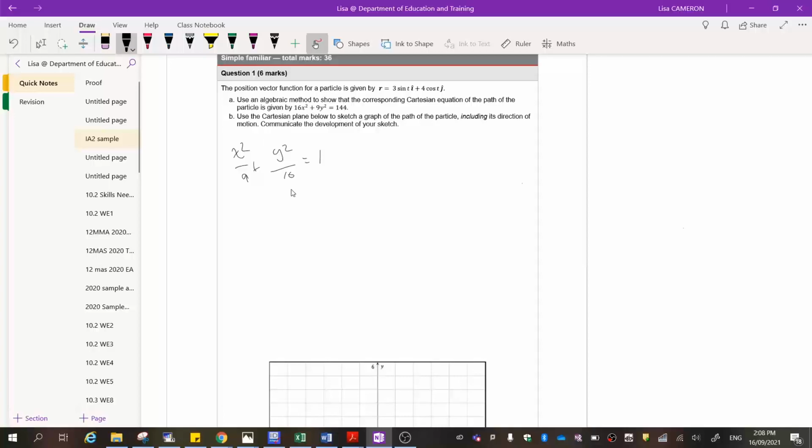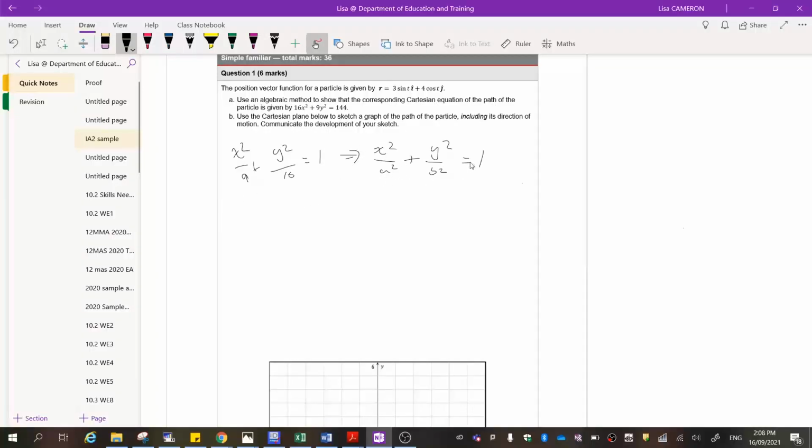Now, this is again one of those little mathematical facts that you need to know. I'll show you: x squared over a squared plus y squared over b squared equals 1. This and this are the exact same. So a squared would be 9, so a would equal 3, and then b squared is 16, so b would equal 4, because 4 squared is 16 and 3 squared is 9.